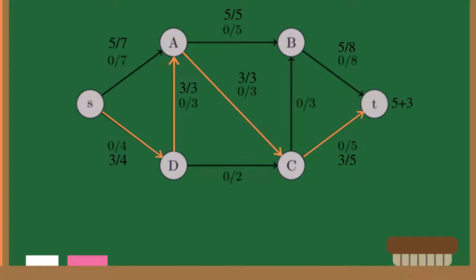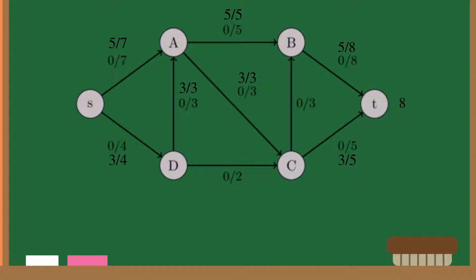Now let's start off from the beginning from what we learned so far. We start off with the augmented path of SABT having a residual capacity of 5. We input a value of 5 into the path. Next, we follow the next augmented path we found earlier, SDACT, having a residual capacity of 3.